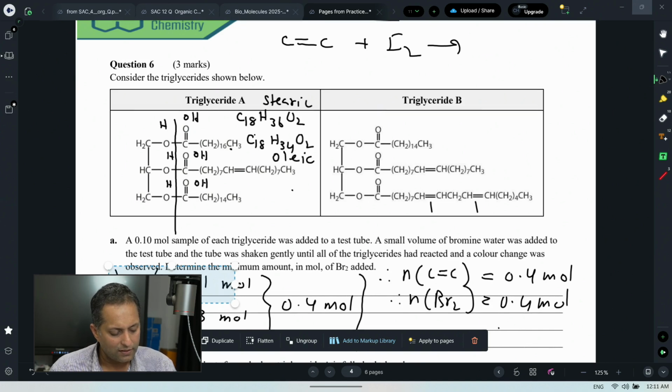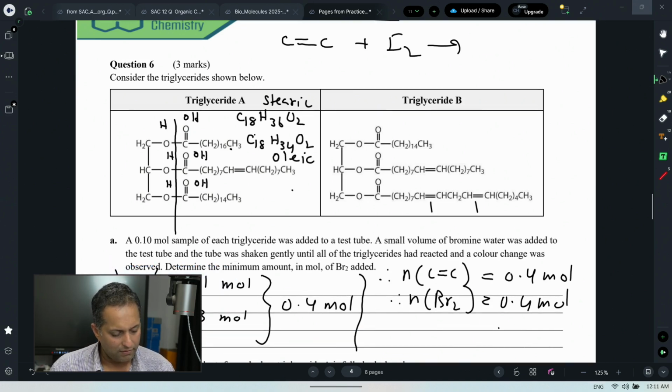What is the last one? C14, 15, 16. C16. C16H32O2 because it is a saturated fatty acid.